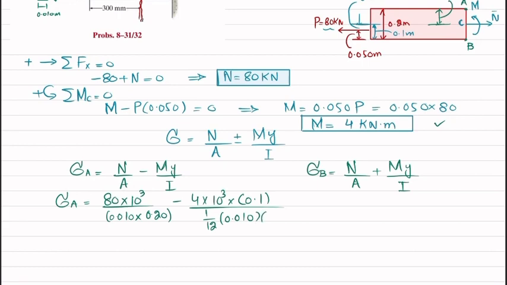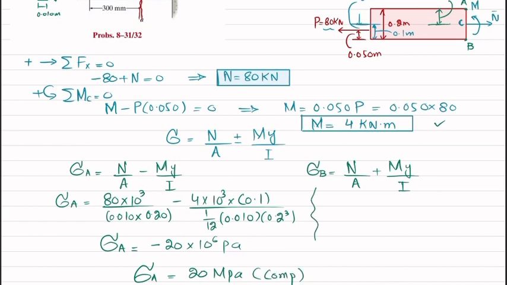And H is 0.20 whole cube. So when you solve this, you will get stress at point A comes out to be minus 20 into 10 to the power 6 Pascal, or you can say that sigma A is 20 megapascal, and that is in compression.